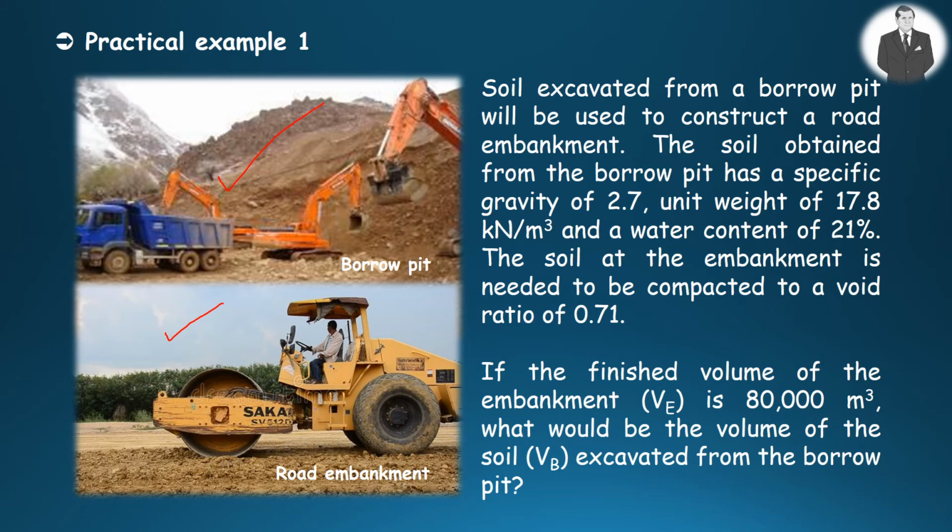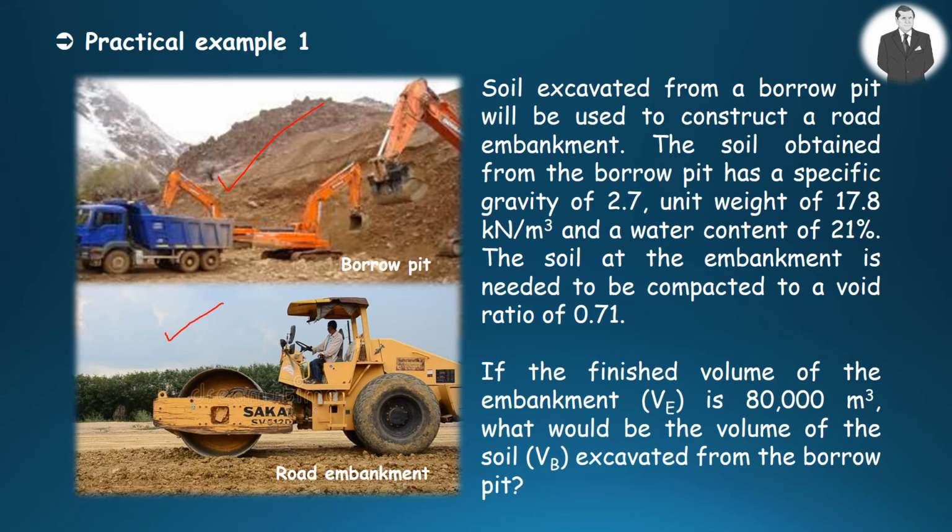The soil obtained from the borrow pit has a specific gravity of 2.7, unit weight of 17.8 kilonewton per cubic meter, and a water content of about 21%.